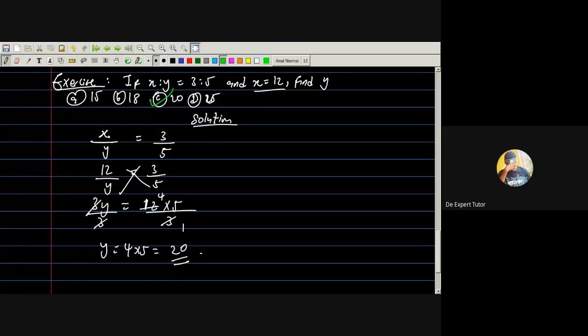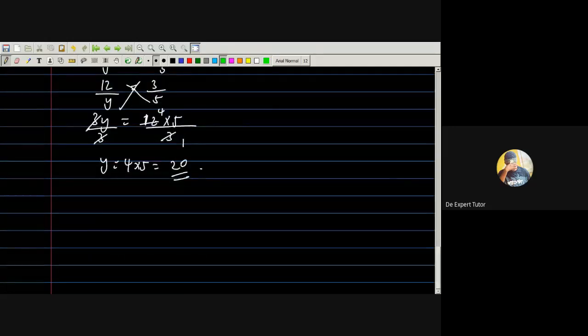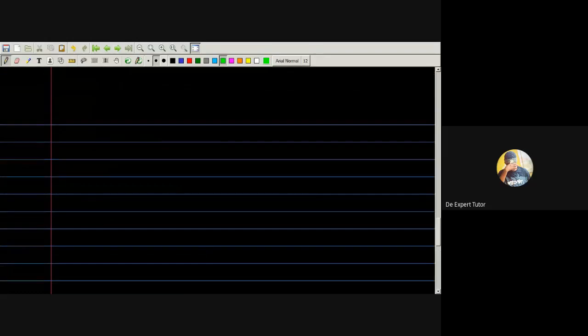Now, the next thing that we are going to do is look at how we can use ratio to share. Let us look at this question. Okay, let me put it on the next page. Let me make it simple first.